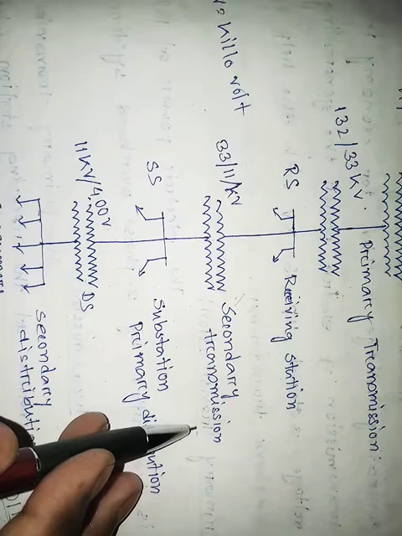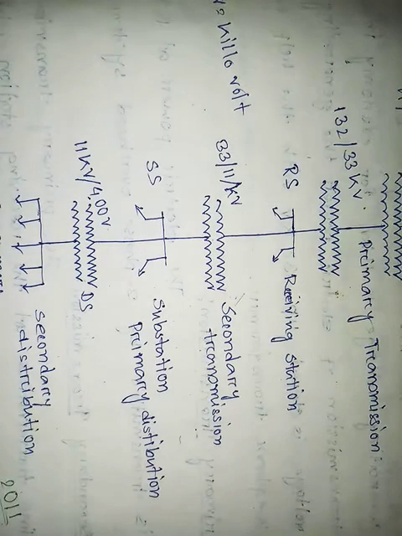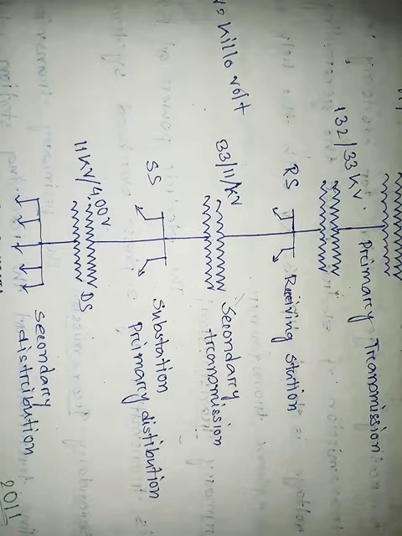In secondary transmission, the primary transmission line terminates at the receiving station, which usually lies at the outskirts of the city. At the receiving station, the voltage is reduced to 33 kV by a step-down transformer.